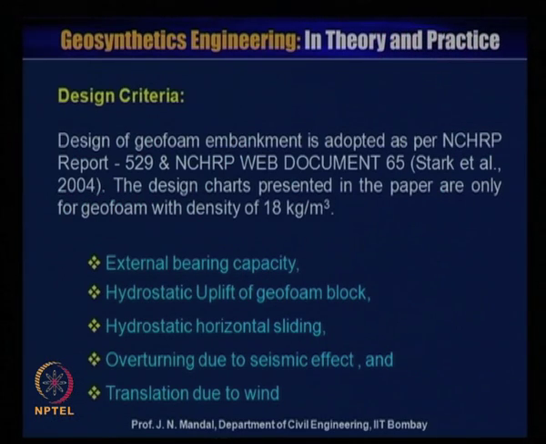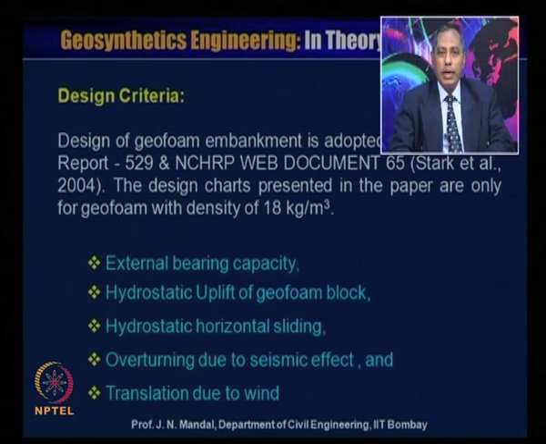So, for the design criteria, the design of geofoam embankment is adopted as per NCHRP Report 529 and NCHRP Web Document 65, Stark et al. 2004. The design charts presented in the paper are only for geofoam with density of 18 kg per meter cube, and when you design, you have to satisfy all the basic criteria.